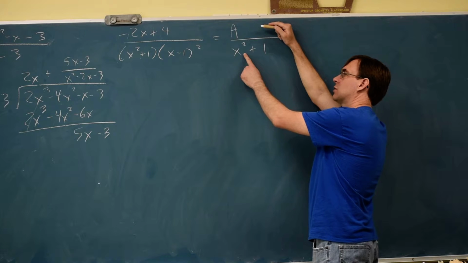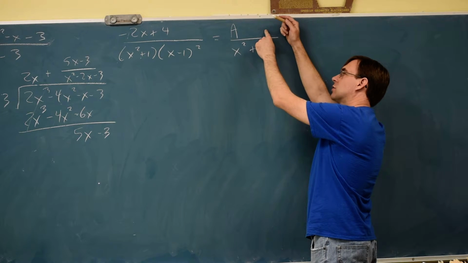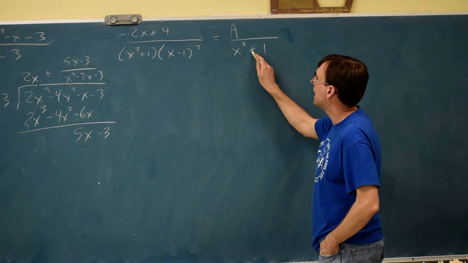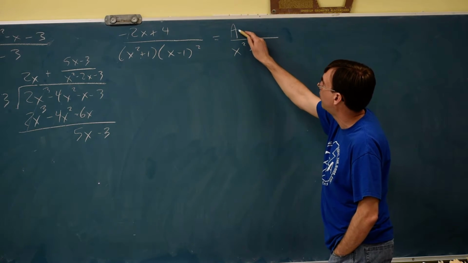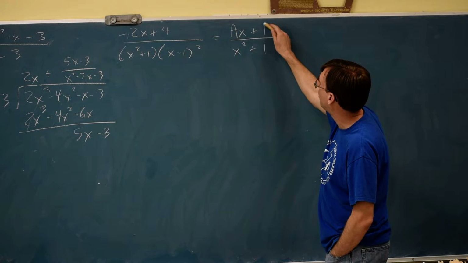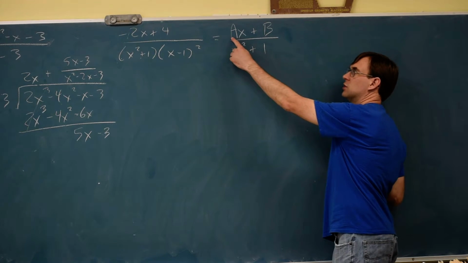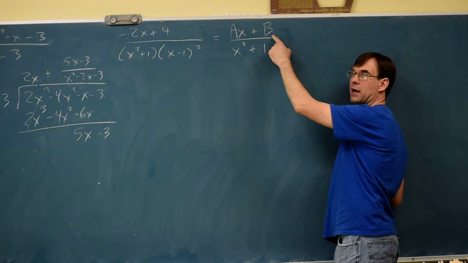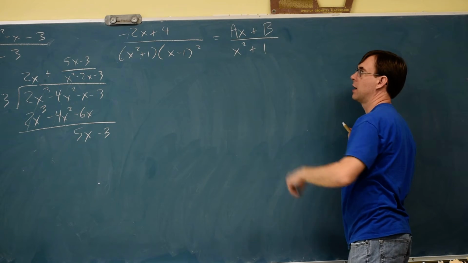If the bottom has x squareds, the top could have x squared, or could have x's or numbers or both. So if we have a thing like x squared plus 1 on the bottom, on the top I'm going to put ax plus b, because there could be a mystery number of x's, there could be a mystery number of just plain old numbers on top of x squared.